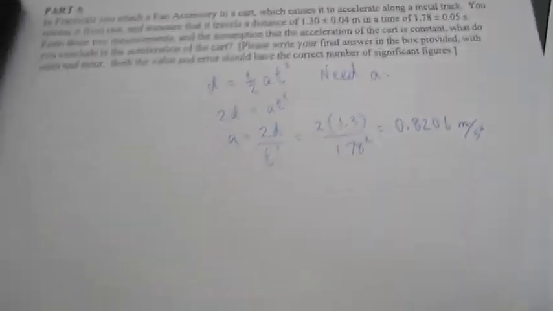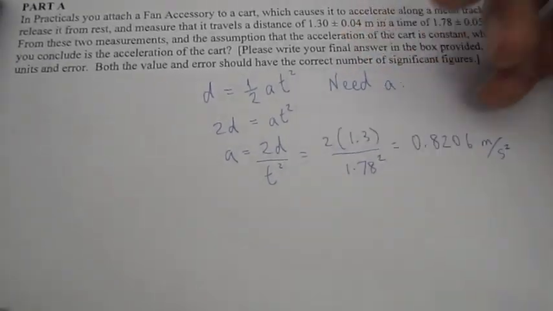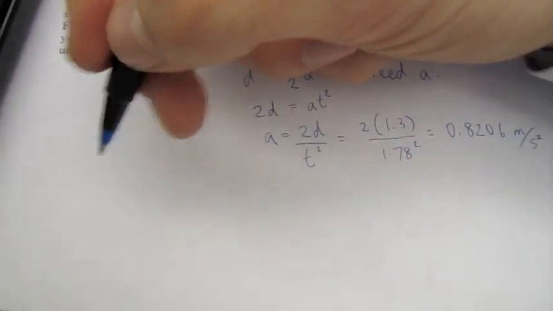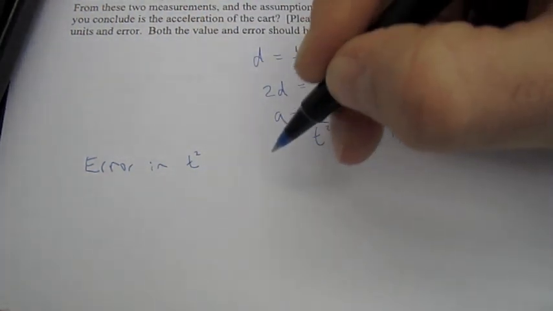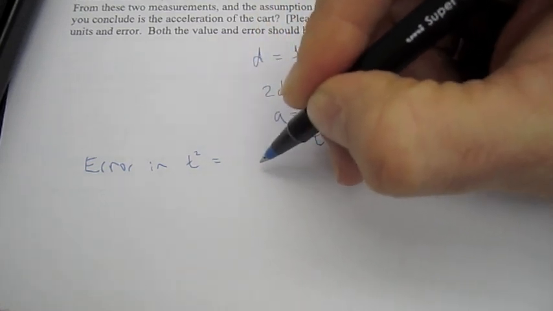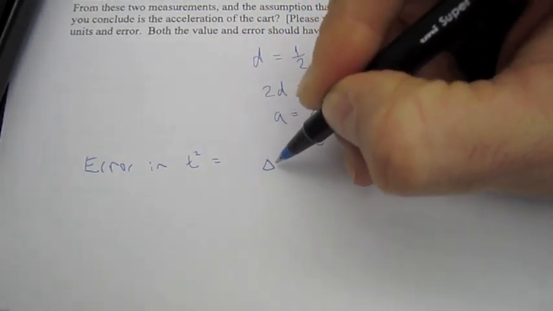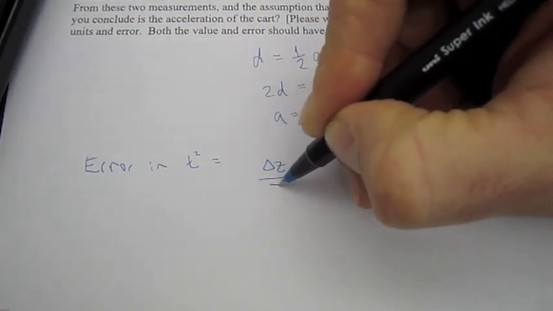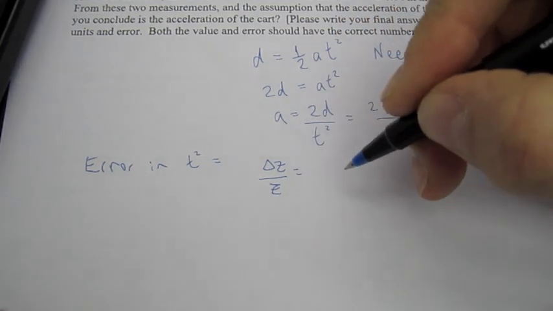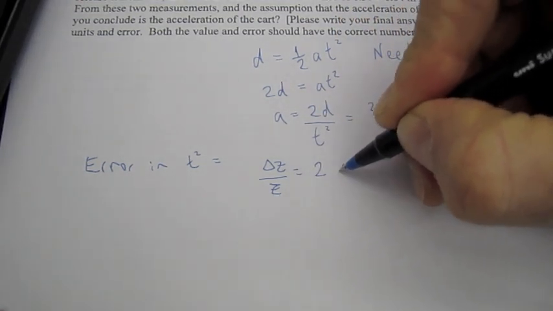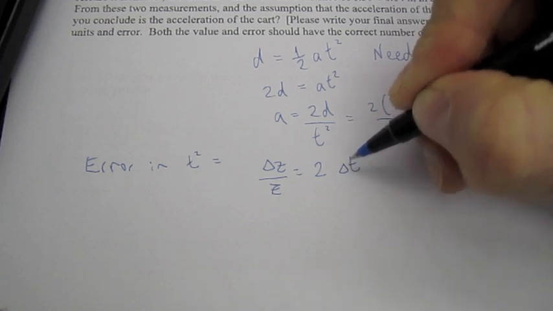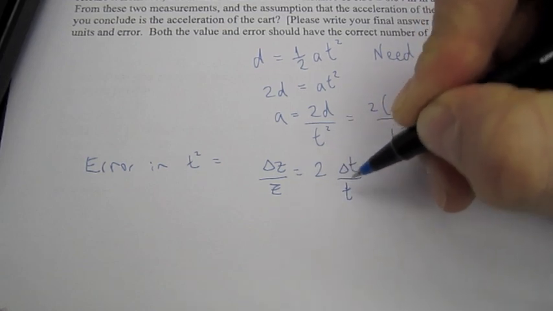Okay, now the error. We can find the error in t squared first, using the exponent rule: delta z over z is equal to 2 times delta t divided by t.